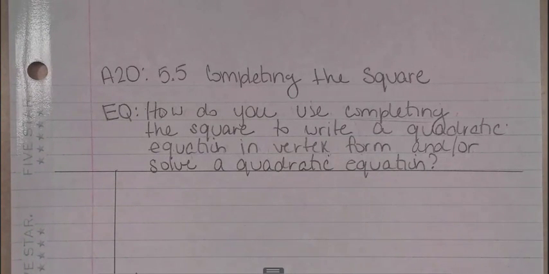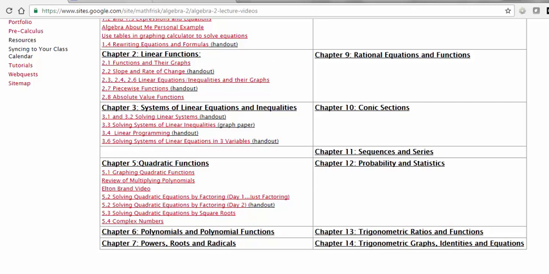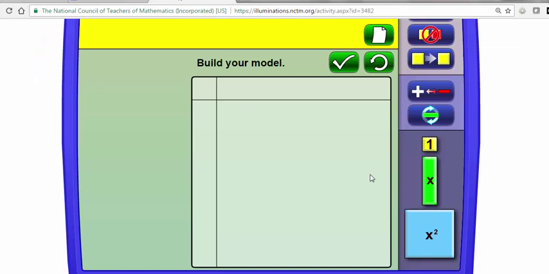All right, so let me start with a little visual of what it means to actually complete the square. There is a cool website. We did a problem like this a couple of lessons ago. These are called algebra tiles. This big square is an x squared. This rectangle here is a 1 by x, because this is x by x.